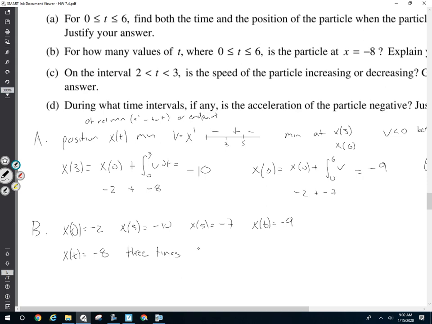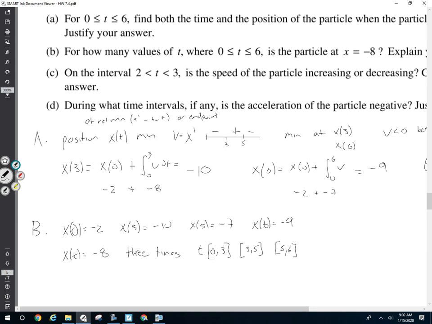One time between 0 and 3, one time between 3 and 5, one time between 5 and 6.